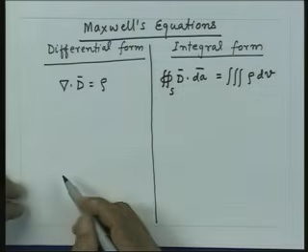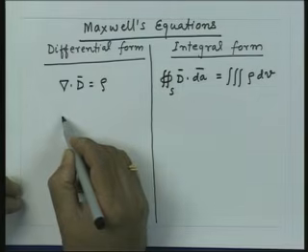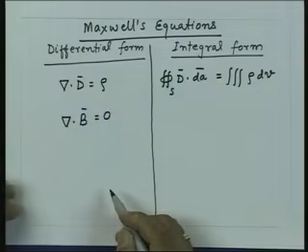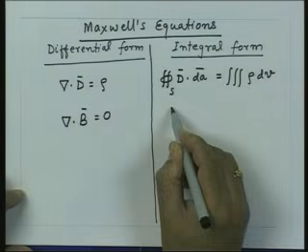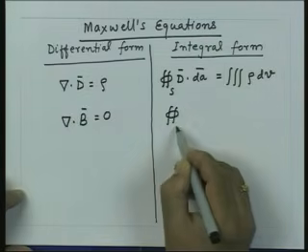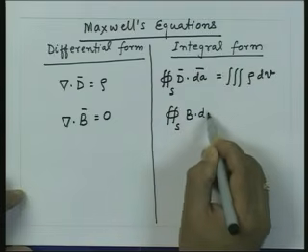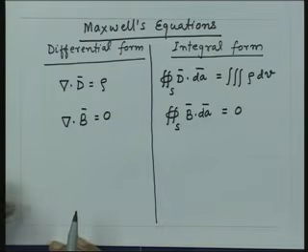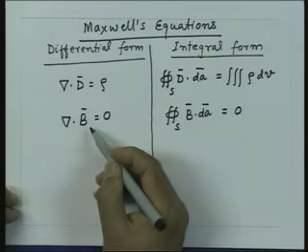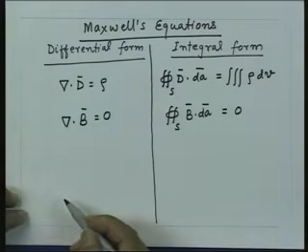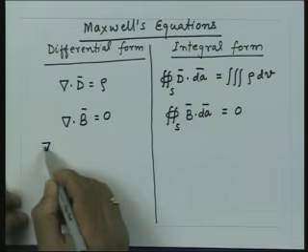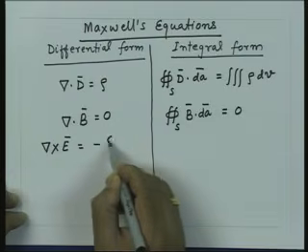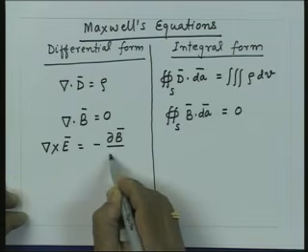The second equation, applied to magnetic charges, gives del dot B equals 0, and in the integral form that can be written as the integral of B dot dA equals 0. The third equation, which is Faraday's law of electromagnetic induction, gives del cross E equals minus dB by dt.